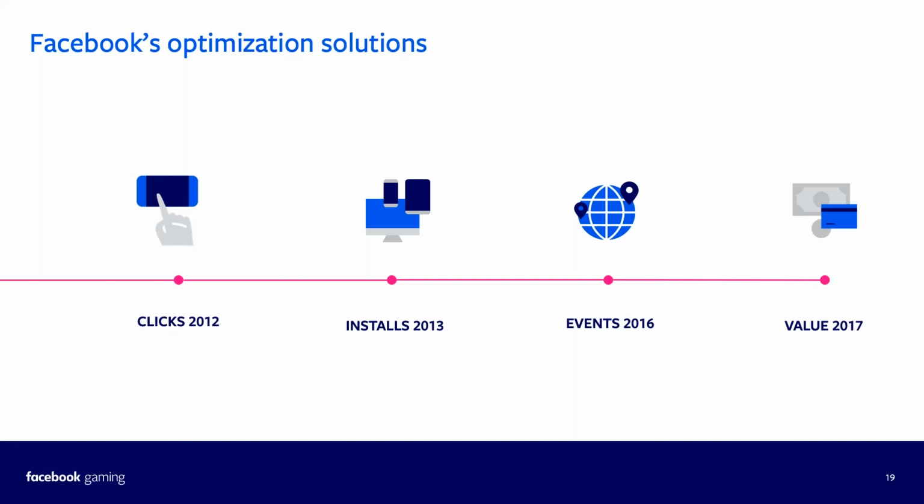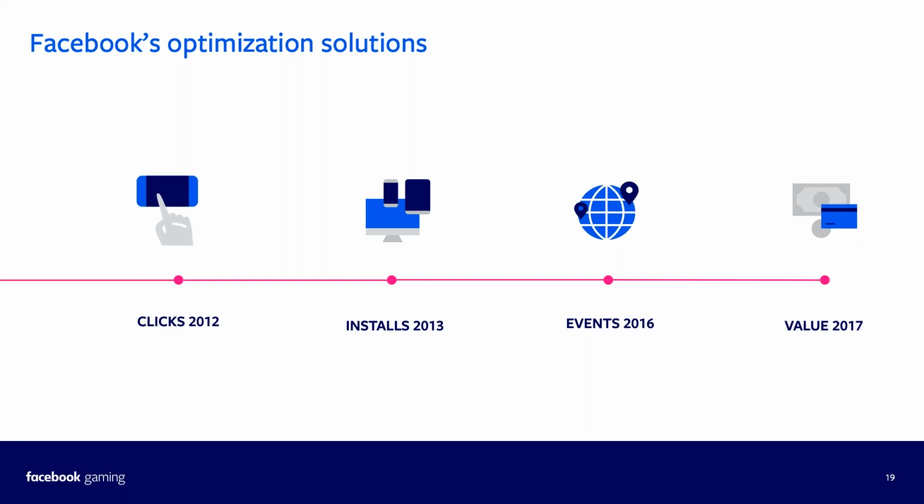This slide is showcasing our app ads optimization evolution. In 2012, when advertising an app, you could only optimize for clicks. In 2013, we introduced mobile app installs optimization, which enabled the system to find users who tend to install more apps.